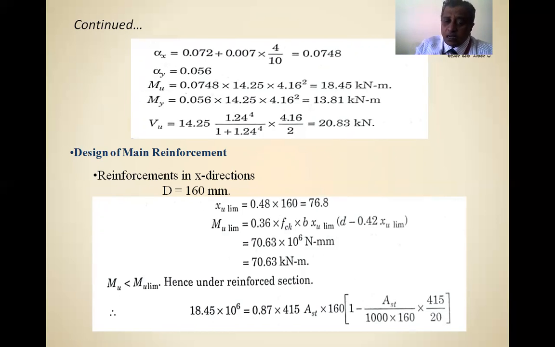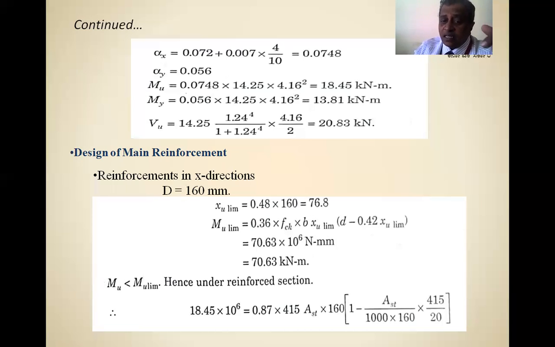It arises from the formula 0.36 fck b XU limit into d minus 0.42 times XU limit. When you put the XU limit value as 76.8, you will get the same value 0.138 fck b d square for Fe 415 grade steel.